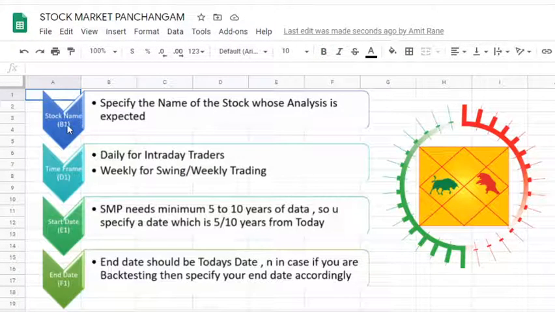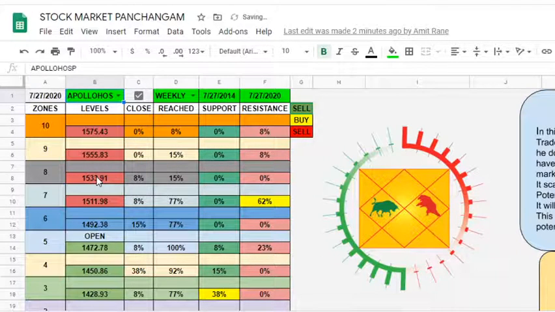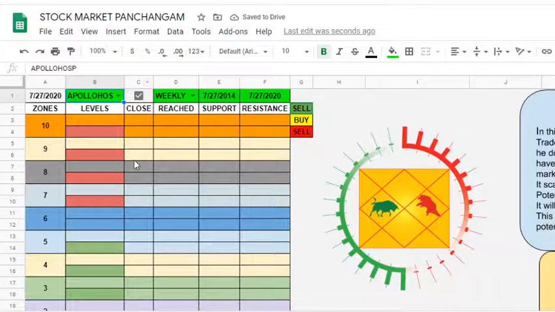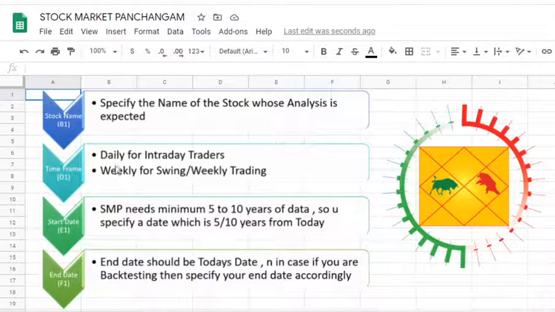In B1, we have to specify the name of the stock whose analysis is expected. Go to the B1 cell and select any stock. The data will be extracted automatically and the analysis calculations will be done. Then second is the time frame: daily for intraday traders, weekly for swing traders.